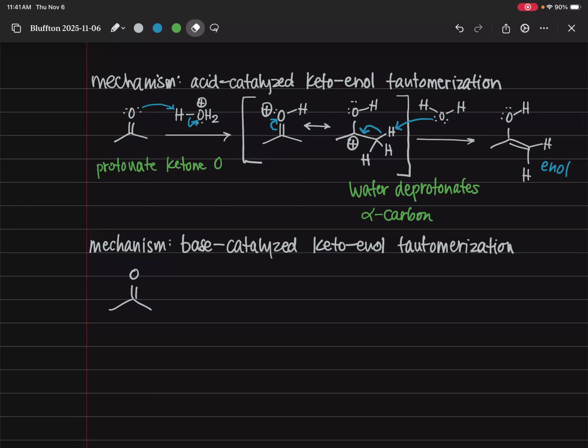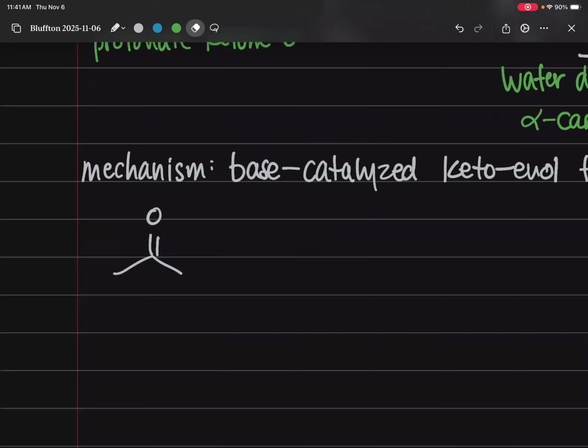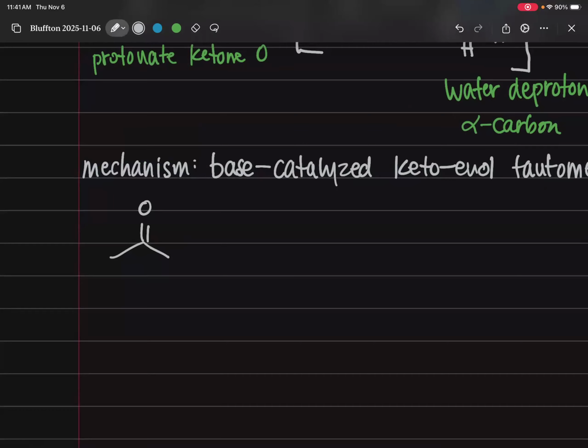Okay, so for the base catalyzed example, we're going to flip the order of doing things. First, we're going to deprotonate the alpha carbon. In order to do that, we have to show our alpha hydrogens, or at least one of them, but I'll show all three. Let's say that our base is hydroxide.